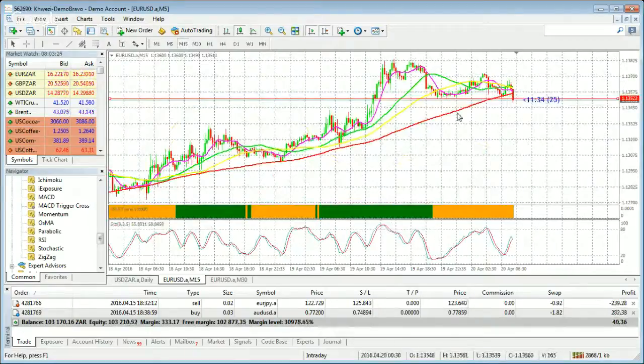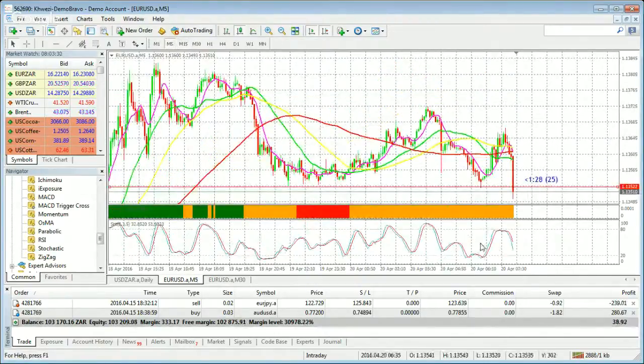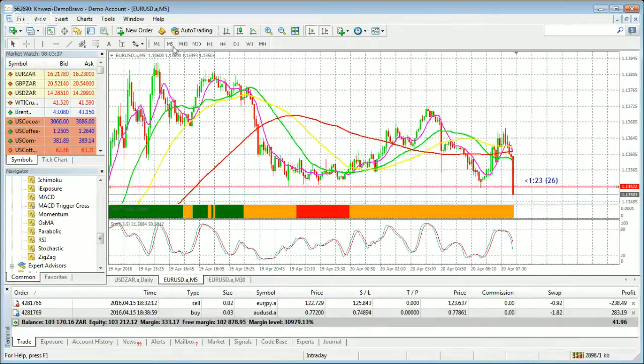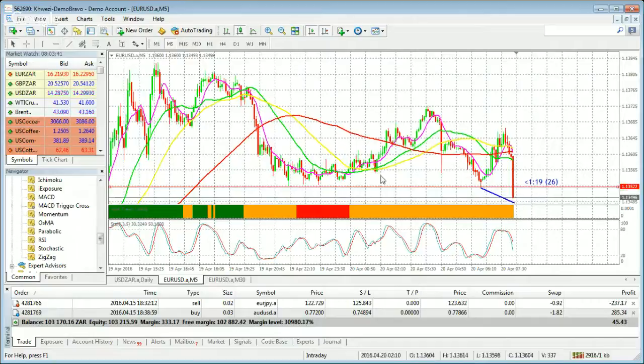Otherwise, there's nothing much up really. Let's have a look again. Okay, bottom wise we've got divergence. Only problem is, this is still forming.